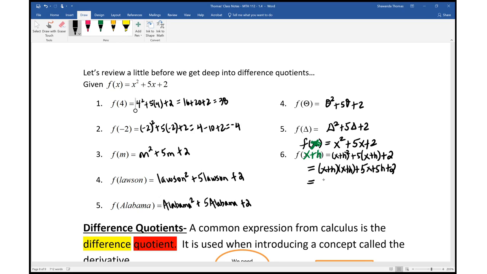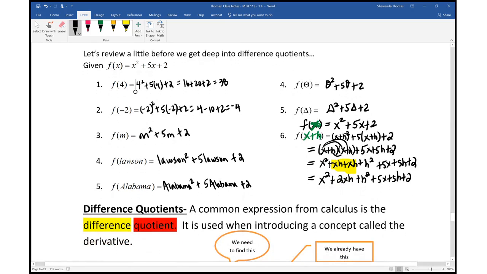And then you can FOIL that out, which is x squared plus xh plus another xh plus h squared plus 5x plus 5h plus 2. And then we have some like terms here that we need to put together. So that's x squared plus 2xh plus h squared plus 5x plus 5h plus 2. So that's a little review before we get into difference quotient.